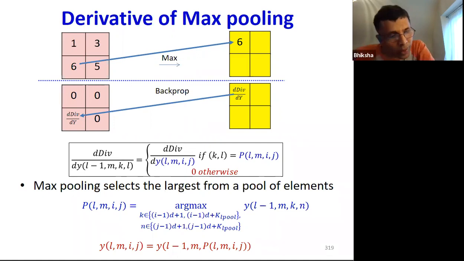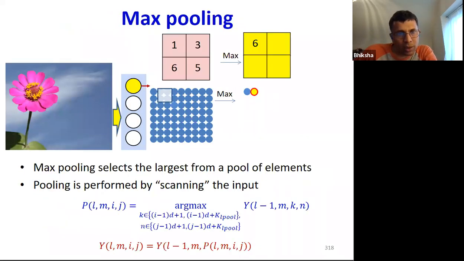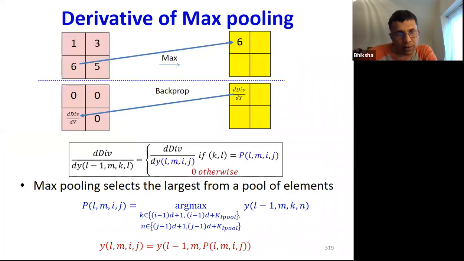So if your stride is lesser than the size of your window over here, would this equation be valid? Raise your hands if you think it'll be valid, if the stride is lesser than the size of the window.